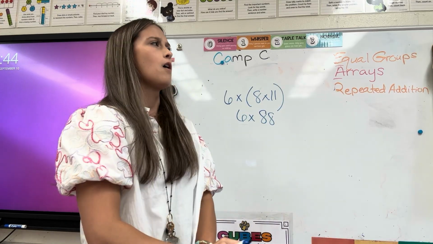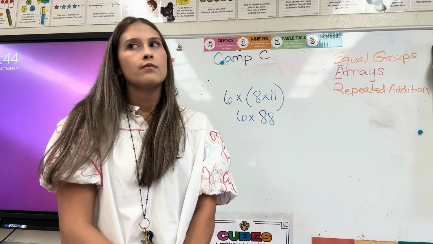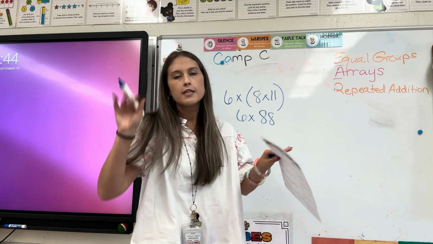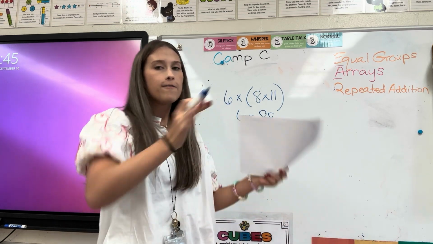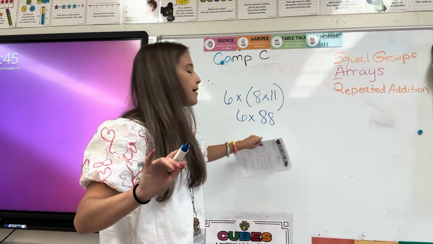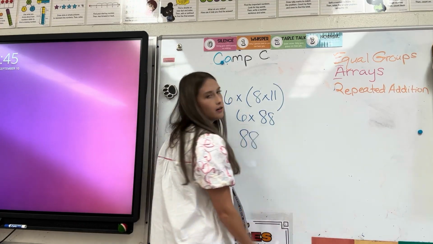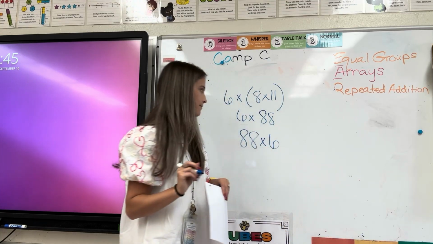What's that property called? We call it the flip-flop property. Okay, that's its nickname, but what's the official, fancy name of it? The commutative property, okay? So if I flip-flop those factors, I have 88 times 6.